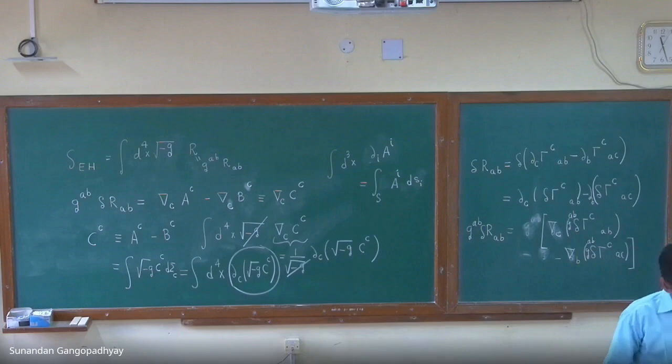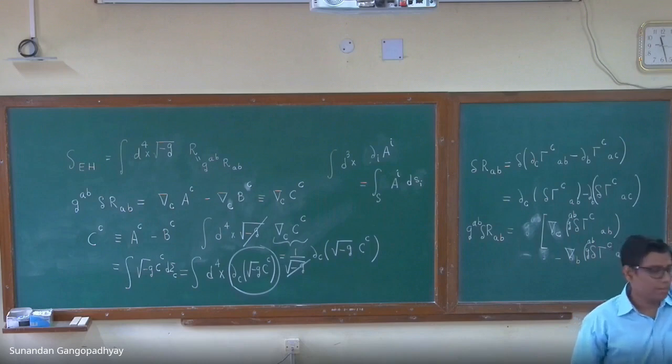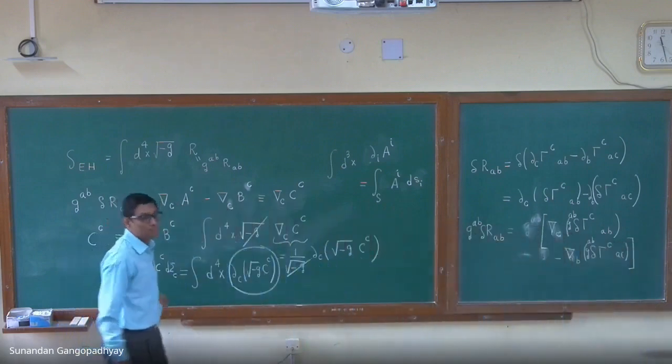We take the surface to infinity and we say that the fields vanish at infinity, and therefore this term is equal to 0.